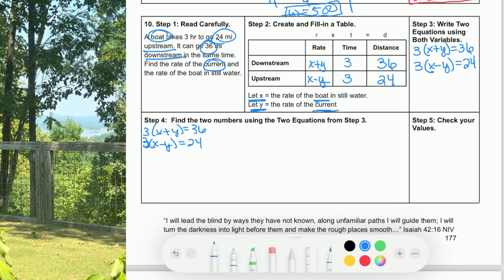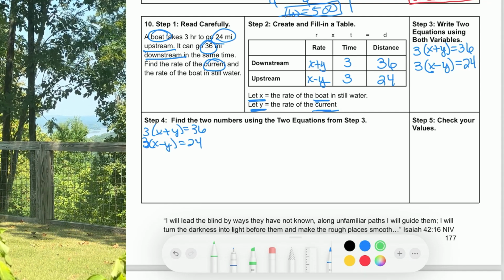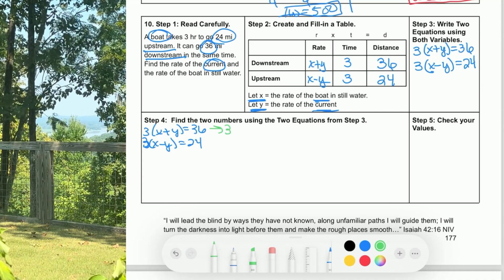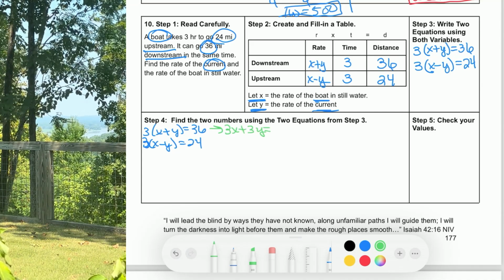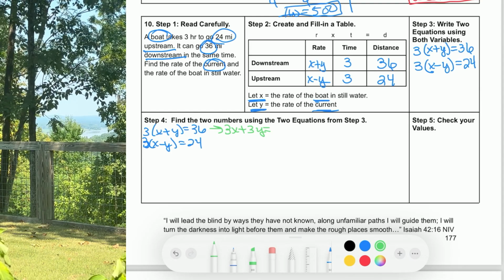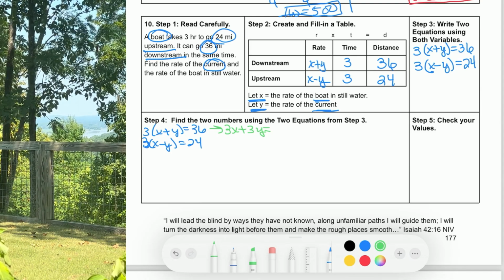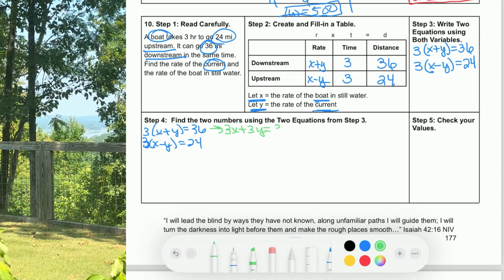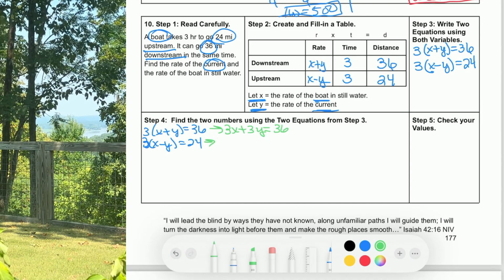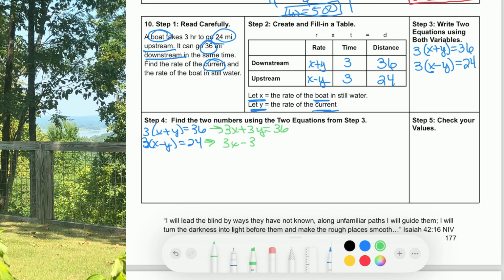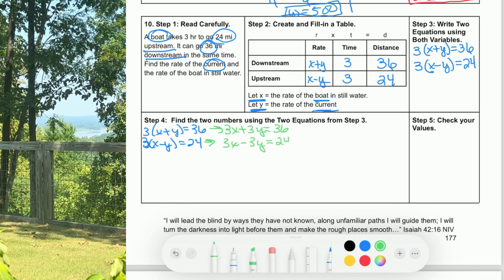All right, I need to distribute before I start working with these. So this becomes 3x plus 3y, and then 3 times 36 is going to give us, oh no, I don't have to multiply that times 3. That's not in the parentheses. I almost made an error there. All right, our next one is going to be 3x minus 3y equals 24.